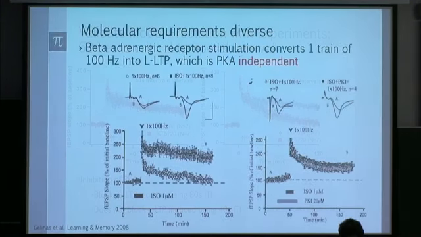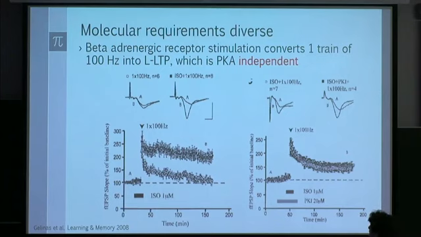All right. So again, back to some of the experiments that I didn't do, but that are motivating the modeling I'm doing, is that the molecular requirements are actually quite diverse. Yes, it is calcium, but it's not just calcium and CAM kinase and protein kinase A. One of the observations is that beta adrenergic receptor stimulation is sometimes required.